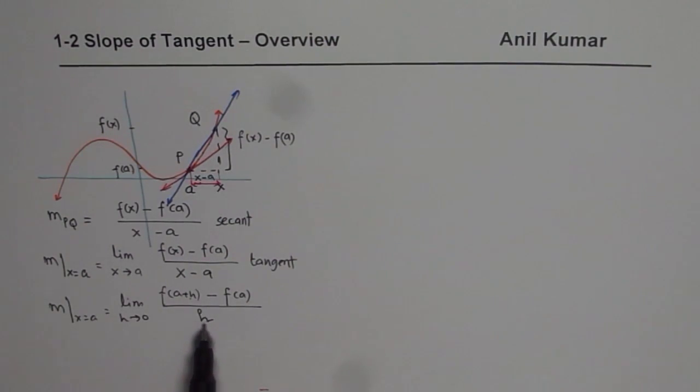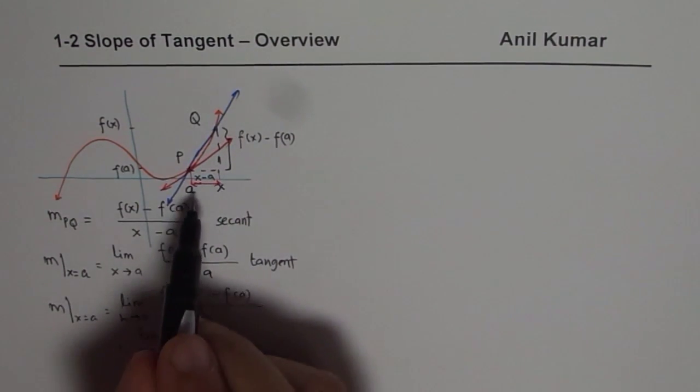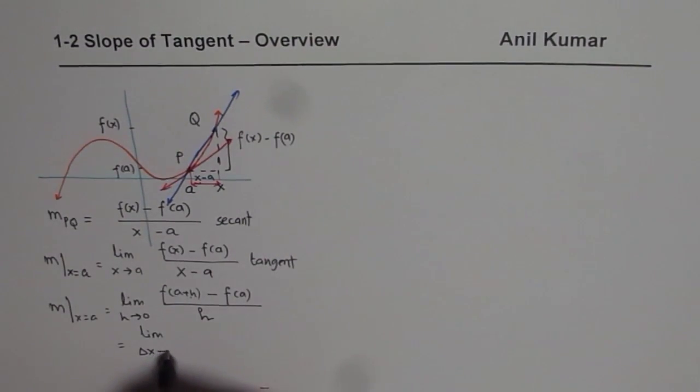So the same equation could also be written like this. In short, we are saying the limit where delta x, the distance between these 2 points, approaches 0, of delta y over delta x, right?